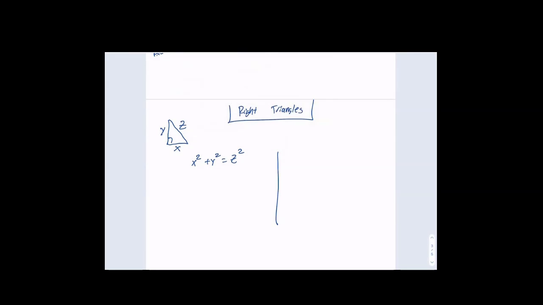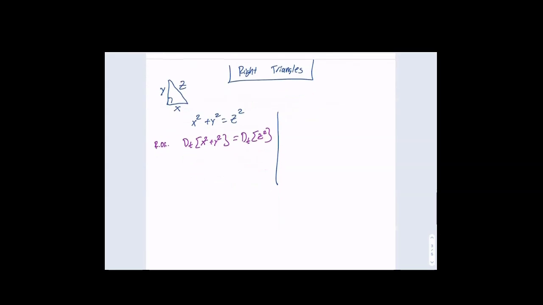We now want to find the rate of change formula that relates x, y, and z. So we want to take the derivative of x squared plus y squared with respect to t and set this equal to the derivative of z squared with respect to t. And what does that give us?